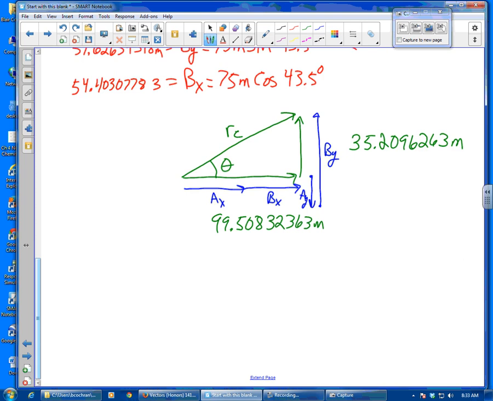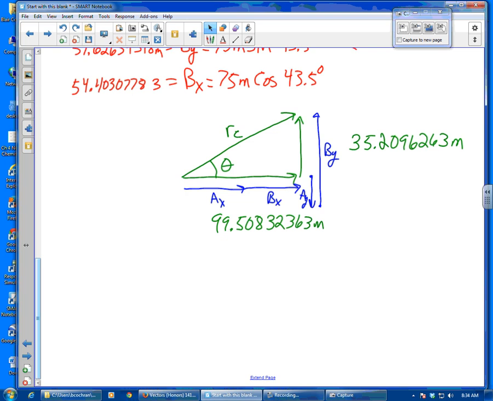Any questions on this before we combine these? So we took the vectors we wanted to add together, broke them into their components, and added up their components to get the components of our resulting vector. Now that we have those, we're going to use Pythagoras to figure out the magnitude of this resulting vector and tangent again to do the angle of it like we did on the last one. All right?